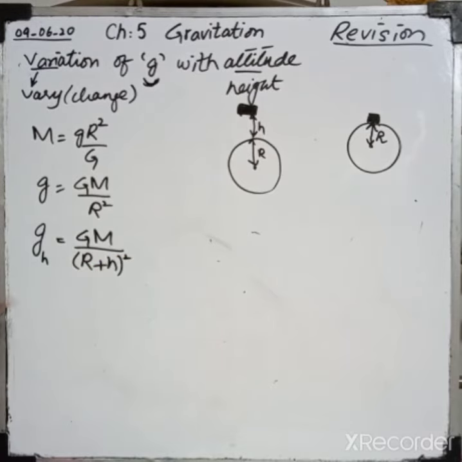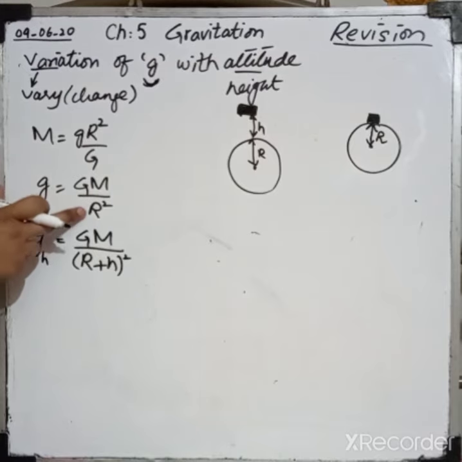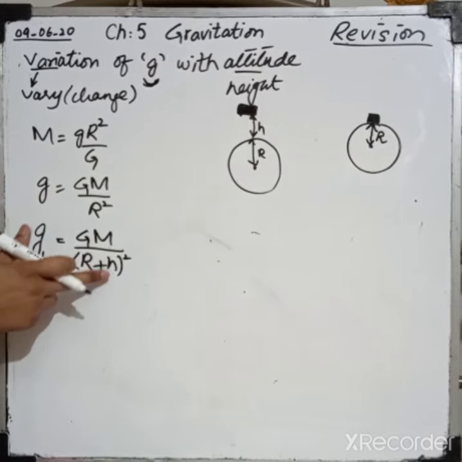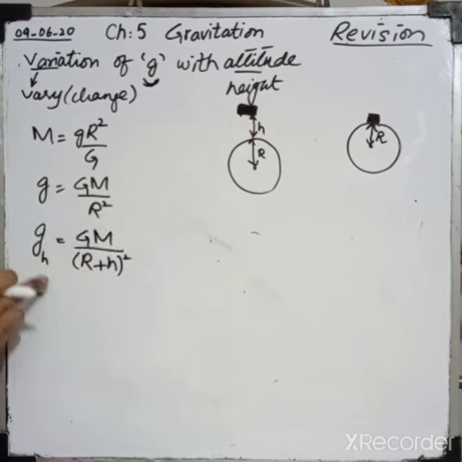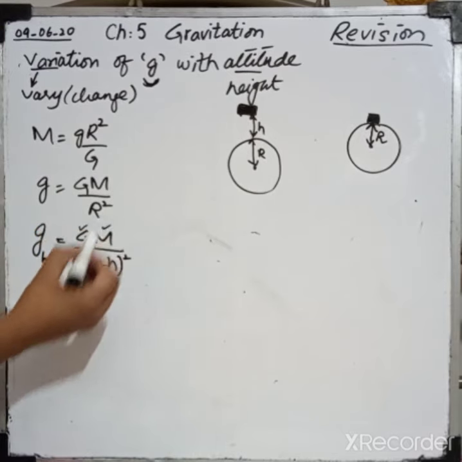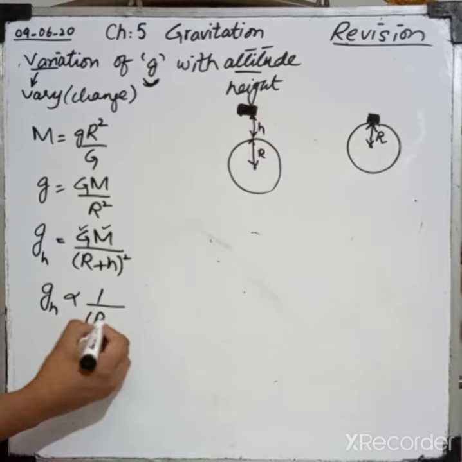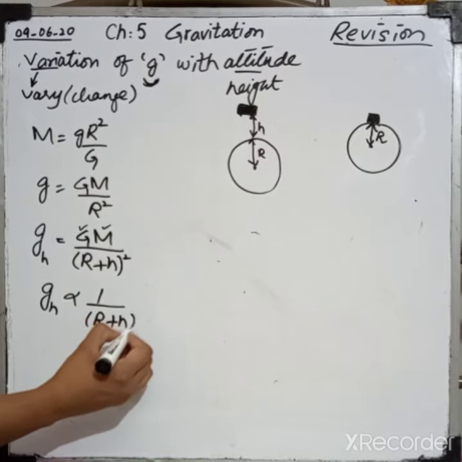There will be a factor of height added to the radius of earth, because in the first case we had taken the distance between the two bodies as the radius of earth. Now the height will be added here. As you know that the gravitational constant and mass of earth are two constant quantities, we can write this equation as the relation 1 by r plus h whole square.